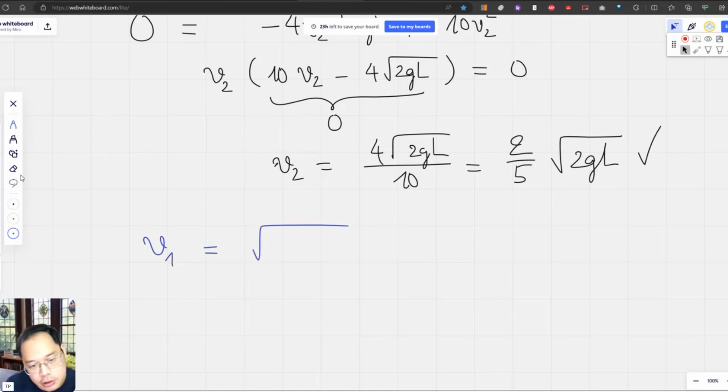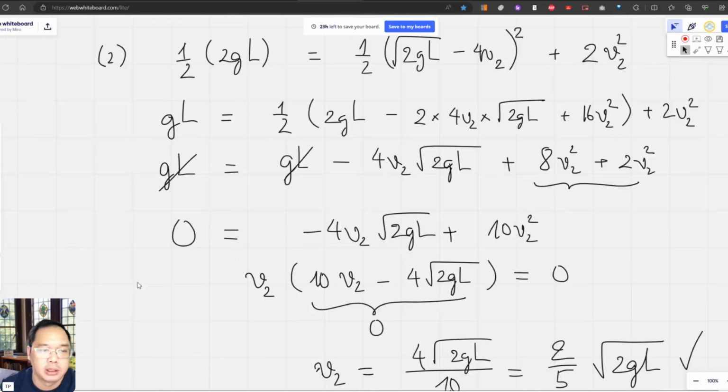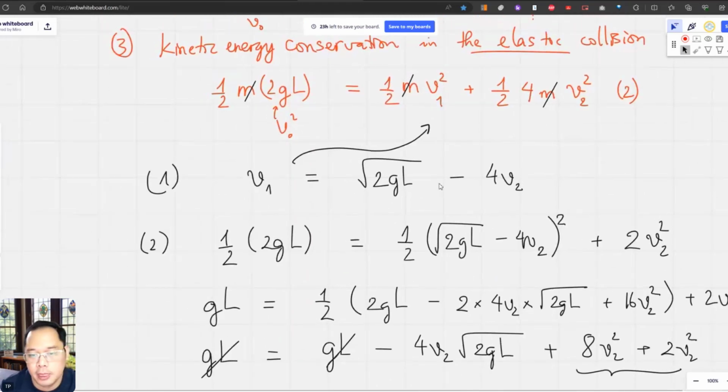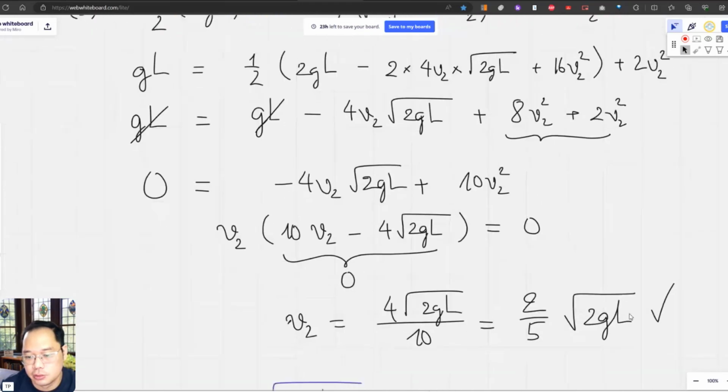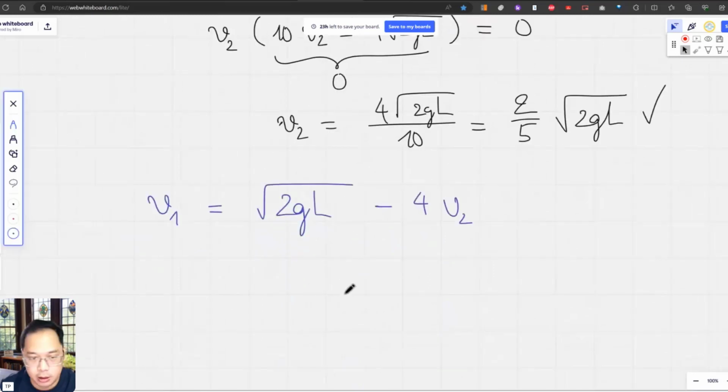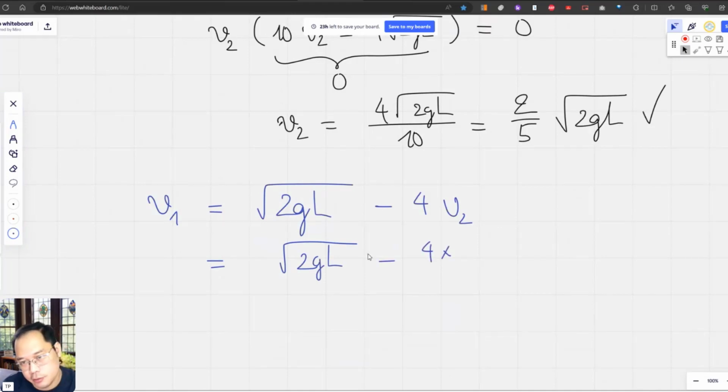So v1 is the square root of 2gL minus 4 times 2 over 5 of the square root of 2gL.